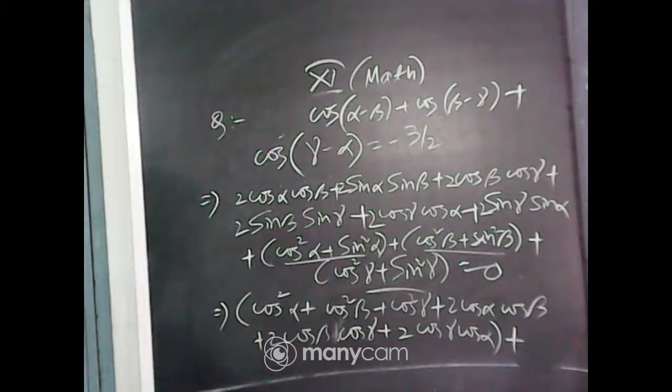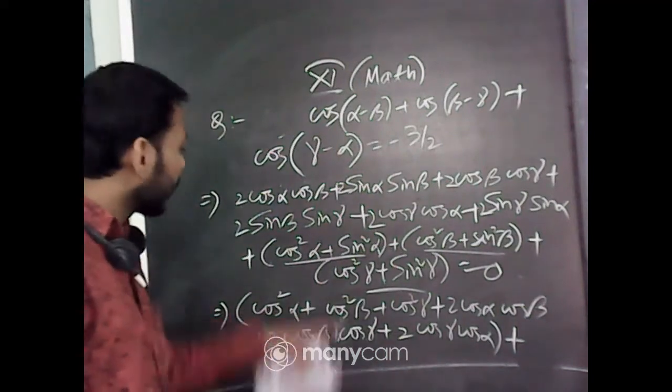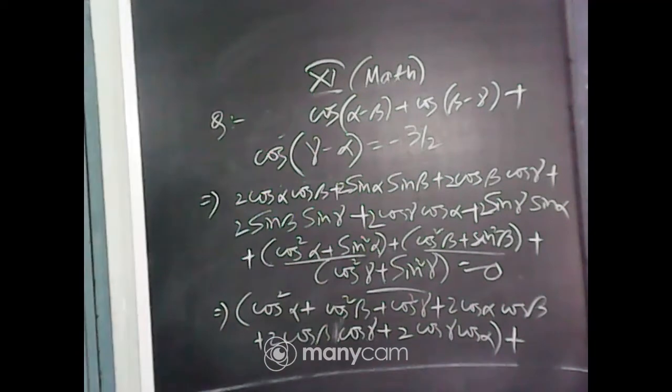All are here in terms of cos. So a square plus b square plus c square plus 2ab plus 2bc plus 2ca.